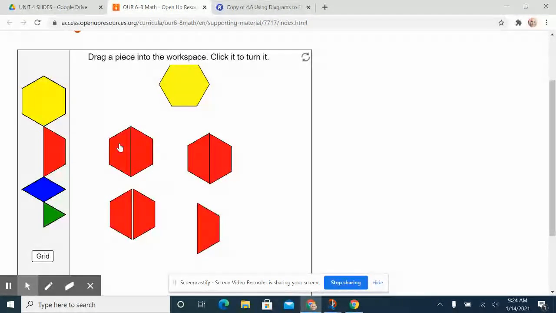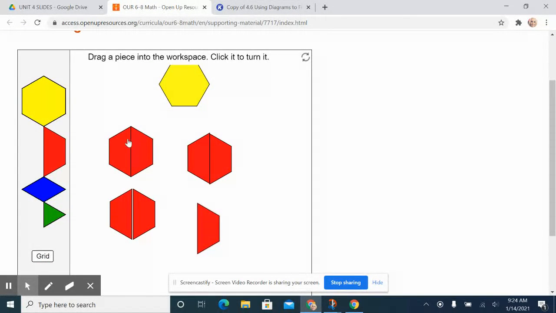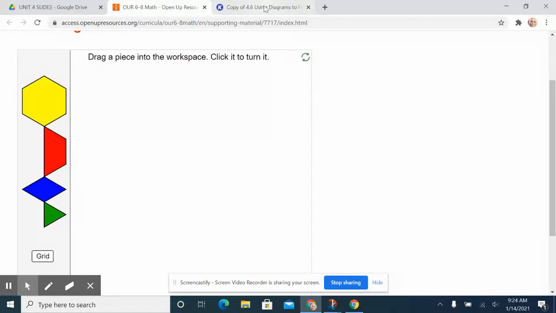So 1, 2, 3, 4, 5, 6, 7. So there are 7 trapezoids in 3 1/2 hexagons, and that's just representing how many halves are in 3 1/2. Now, you don't need to use hexagons. You could use squares, which is what I would do. This is just something where you can see it a different way.